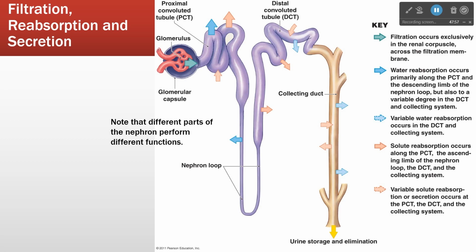So that's where filtration occurs. Then the arrows show you where filtration and reabsorption is occurring, right? So filtration is here, water reabsorption here, here, and then variably here and here. Solute reabsorption, lots of it in the proximal convoluted tubule, some in the distal.